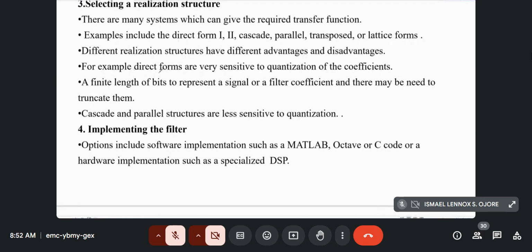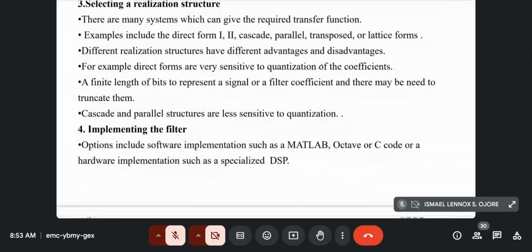One advantage, for example: direct forms are sensitive to quantization of the coefficients. I tried to talk about quantization of coefficients. Your coefficients are long numbers, because when you work them out they have very long representations in the computer, and sometimes you want to save storage by reducing the length of the coefficients.